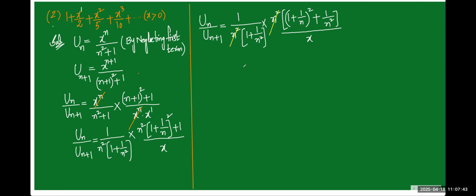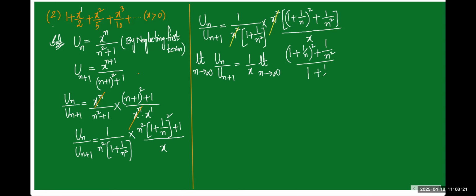Now if you apply the limit, what happened? Let us apply the limit. Limit n tends to infinity. Very important question, neglecting the first term. Un by Un plus 1 is equal to 1 by x, a constant pulled out of the limit n tends to infinity, 1 plus 1 by n whole square plus 1 by n square divided by 1 plus 1 by n square.